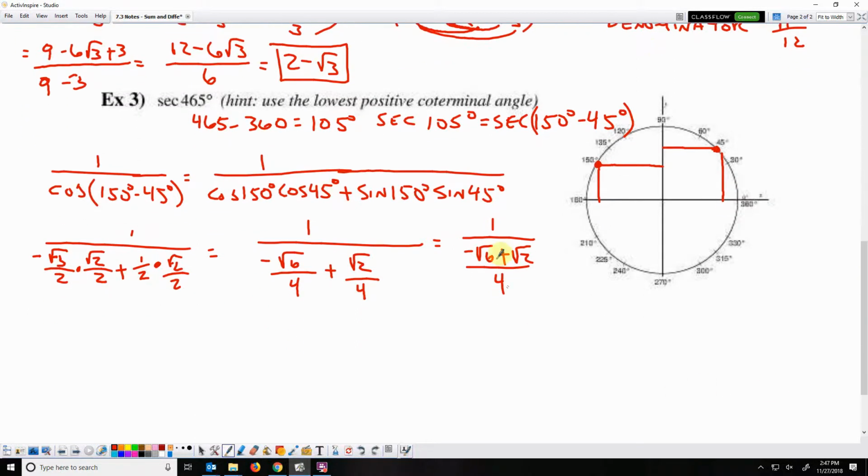And then I can do loops. Now this 1 is the same as 1 over 1. So my outer loop is 4. That's the numerator. And my inner loop is negative root 6 plus root 2. And I can multiply now by the conjugate of the denominator, which is negative root 6 minus root 2.